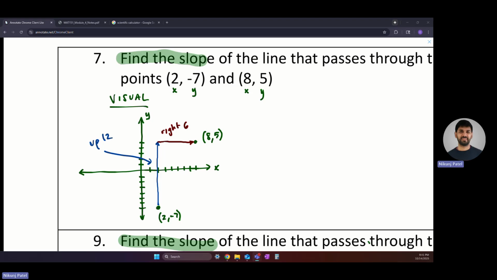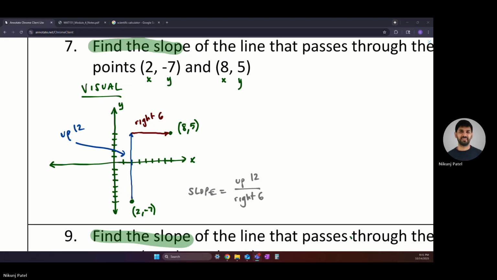The way we write this for slope is we would write it like a fraction, up 12, right 6. So this would be 12 over 6 or 2. There's your slope. That's a slope of 2. So if you like to visually approach it, that's how you would do it.